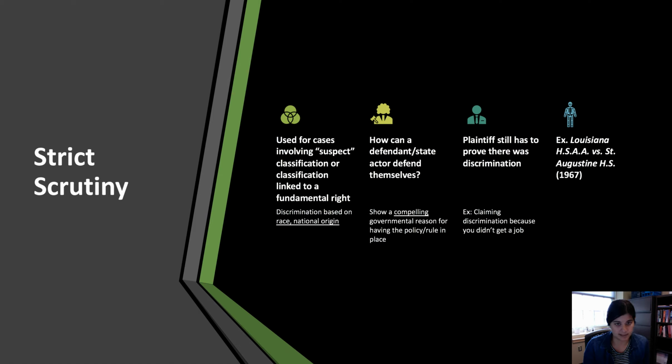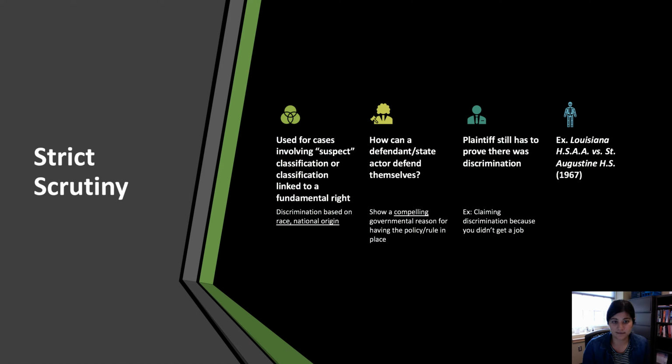This is in the late 60s when integration is still happening across the country. And based on the vote to allow St. Augustine in, they denied membership. So basically the members voted against allowing St. Augustine to join the athletic association. St. Augustine files a lawsuit under the Equal Protection Clause.